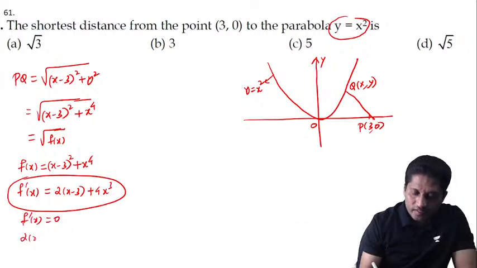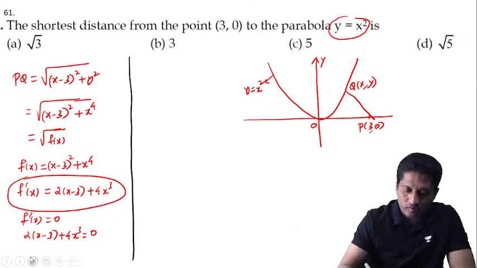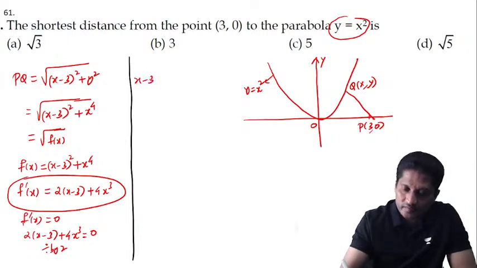You will get 2 into x minus 3 plus 4x cube is equal to 0. Right? Now if I take 2 common, or divide by 2, you get x minus 3 plus 2x cube is equal to 0. That is, you get 2x cube plus x minus 3 equal to 0.